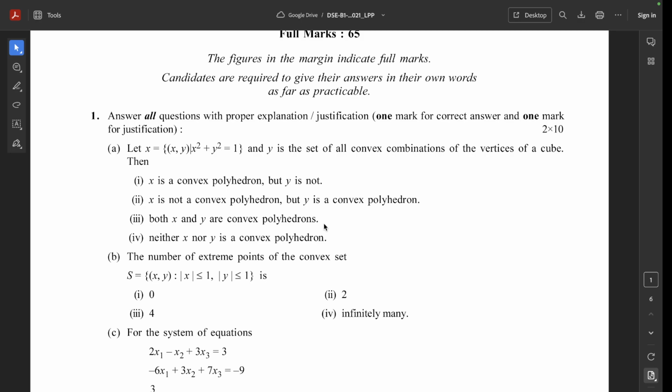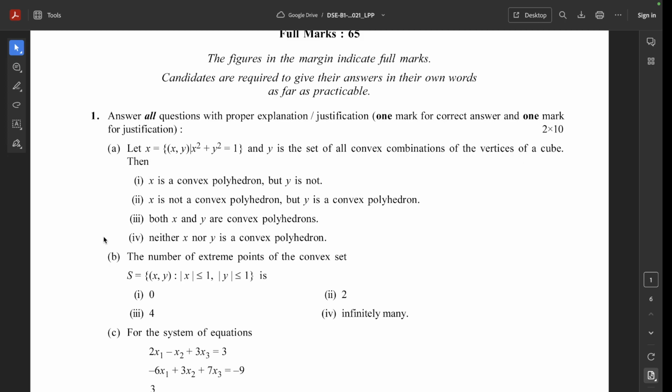Question 1a. Let X be the set of all ordered pairs (x, y) such that x square plus y square equal to 1, and Y is the set of all convex combinations of the vertices of a cube.